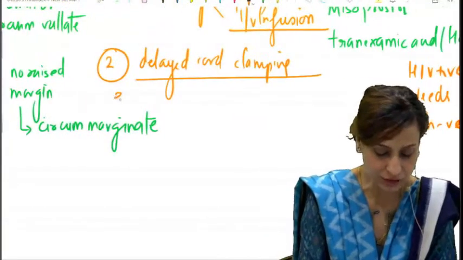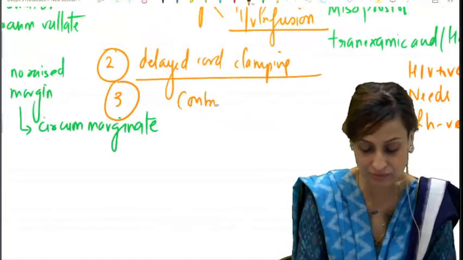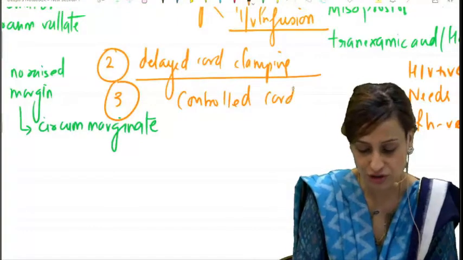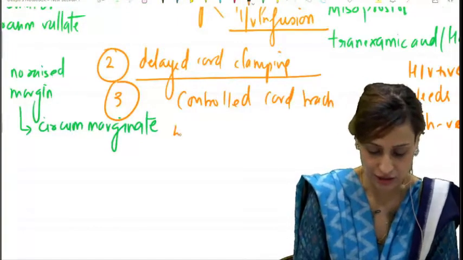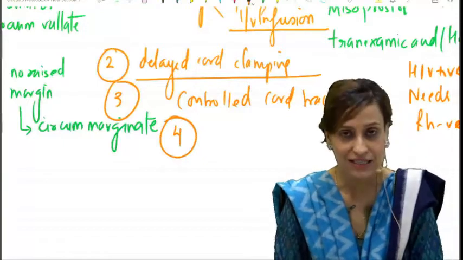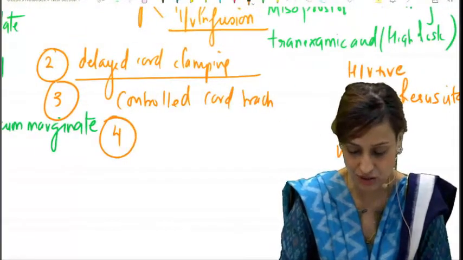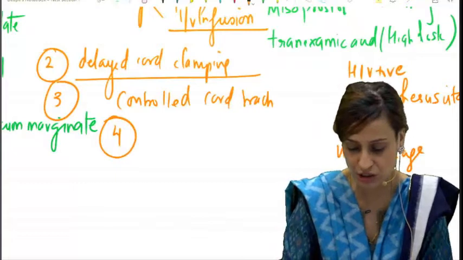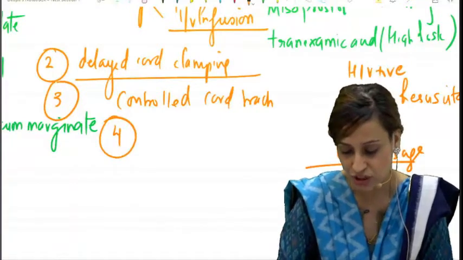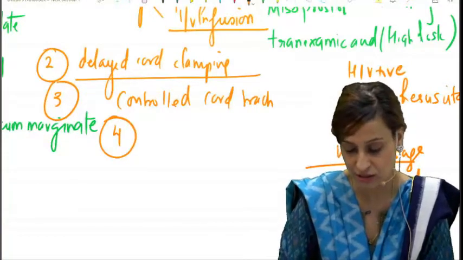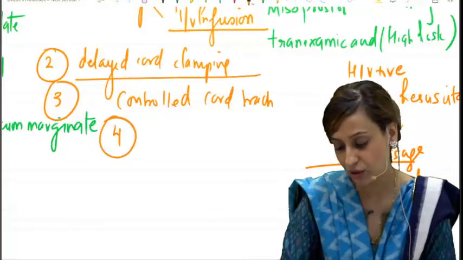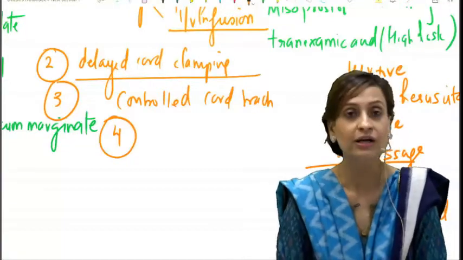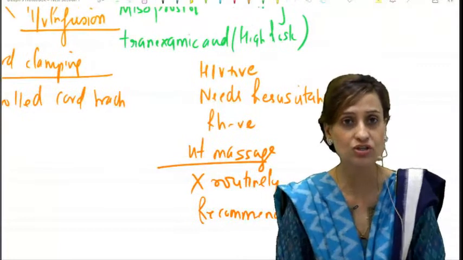The delivery of placenta has to be done by a controlled cord traction method. And please remember, uterine massage is not a routine component. It is routinely not recommended by WHO because we are routinely giving a uterotonic. Massage is not required to be done.